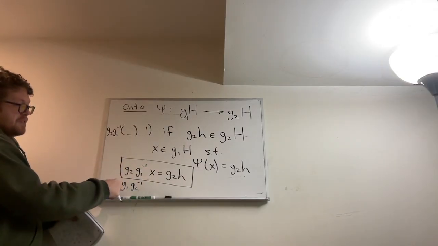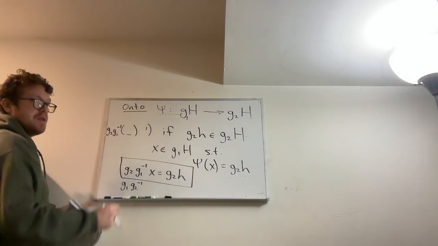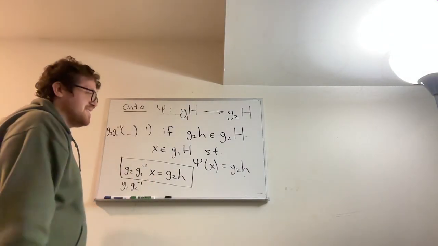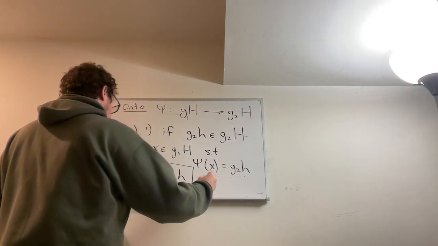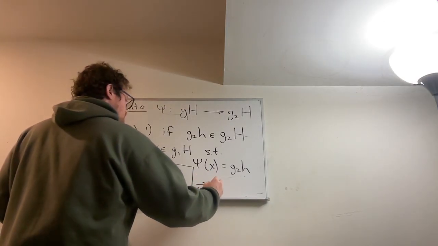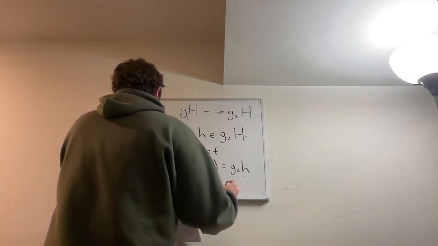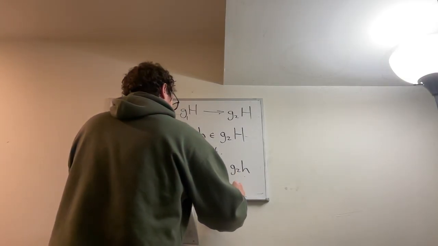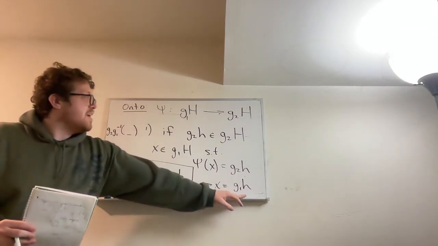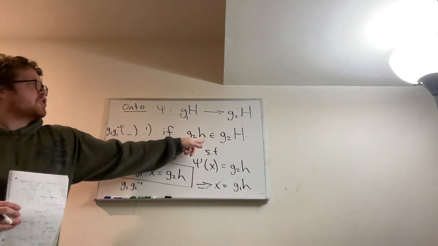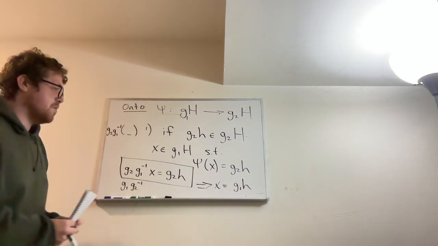The G2 inverses cancel, the G1 inverses cancel, we just get X is equal to G1H, which is kind of like what you would expect the answer to be, right? If we have something in G2H, what's the thing that maps to it? Well, it's just G1H. So it's the normal map you would think of.